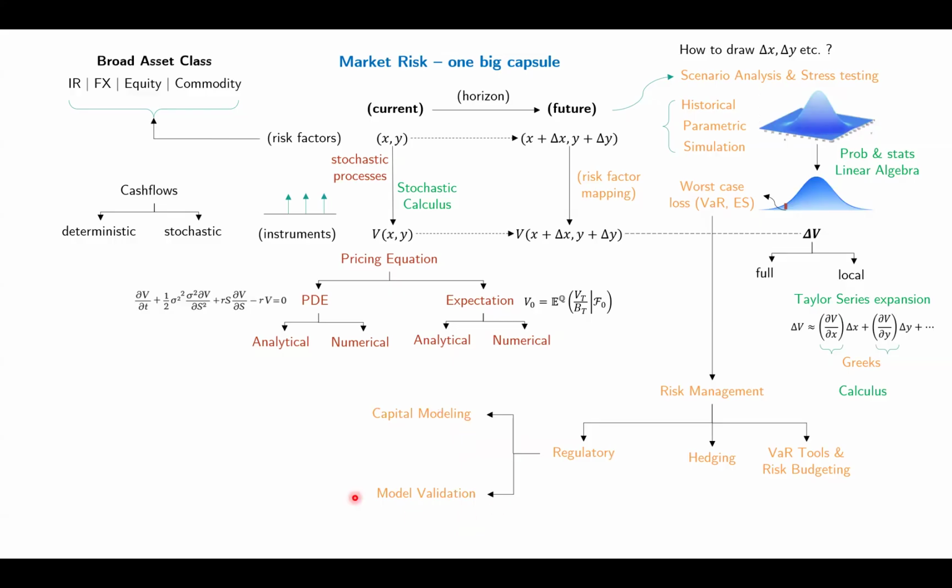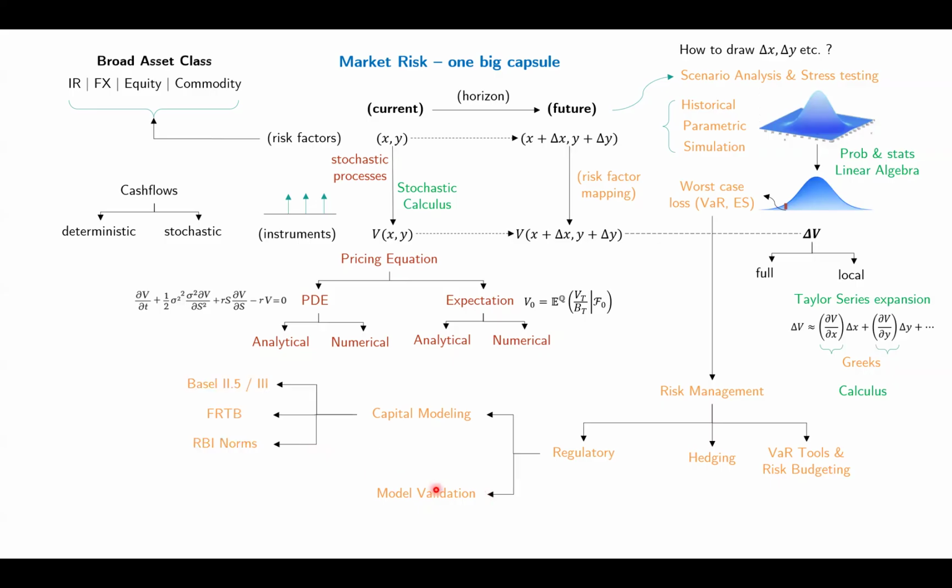There are regulations around it. In all of these exercises, anything that you have assumed or created has to be validated. You have to do a reality check and see, does what you have created or assumed really hold true in reality? All of those checks are part of model validation.